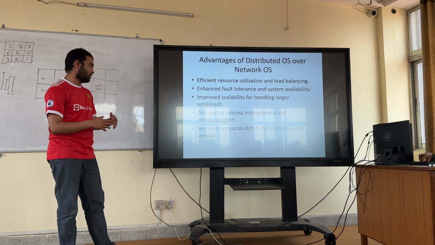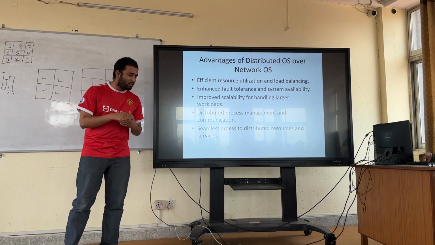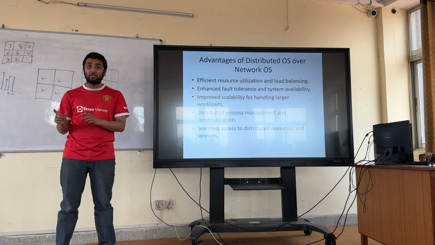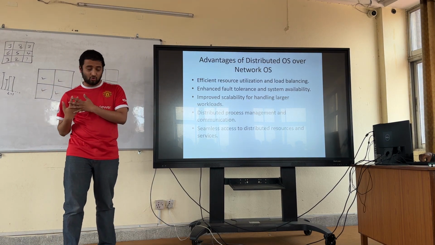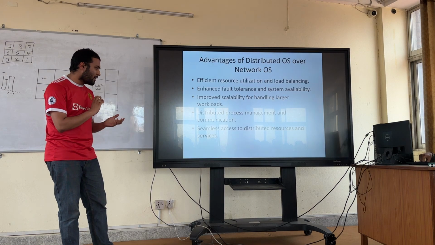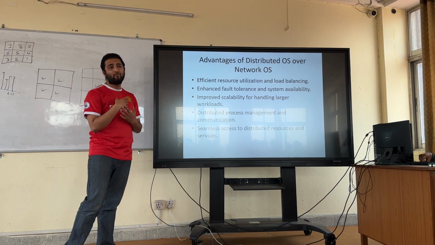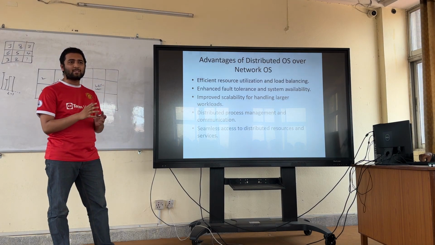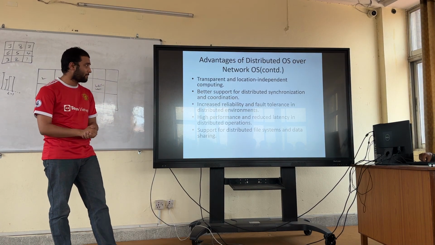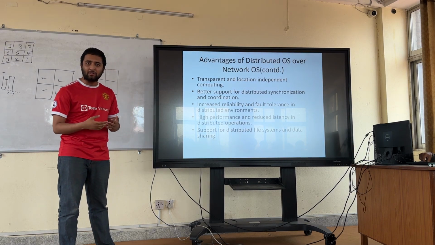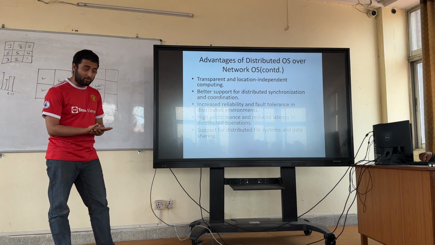In distributed OS, process management and communication between the processes, between the environments, is smoother than in network OS, and access to distributed resources, some files or anything, is seamless and smooth. Next slide please.